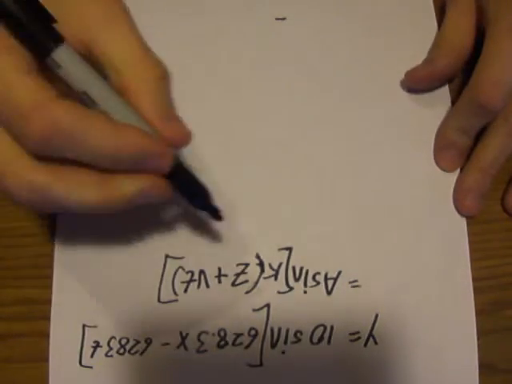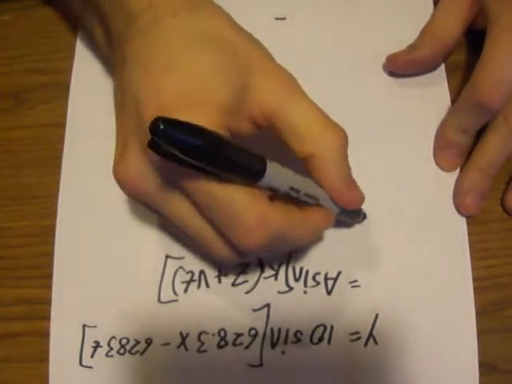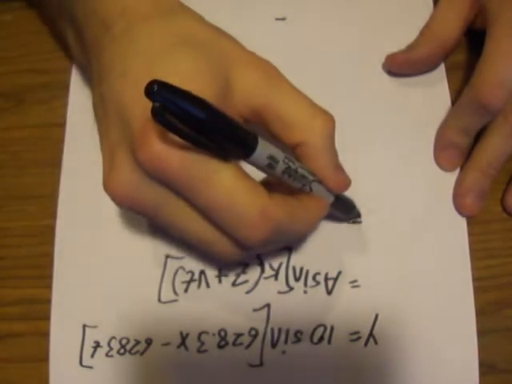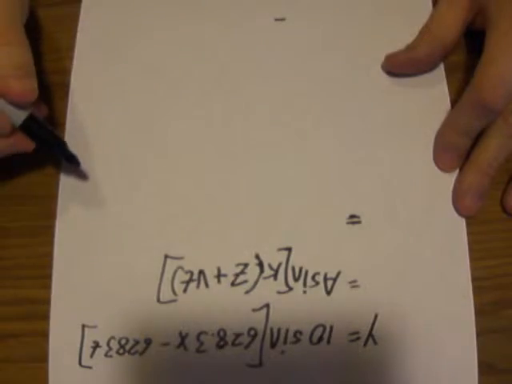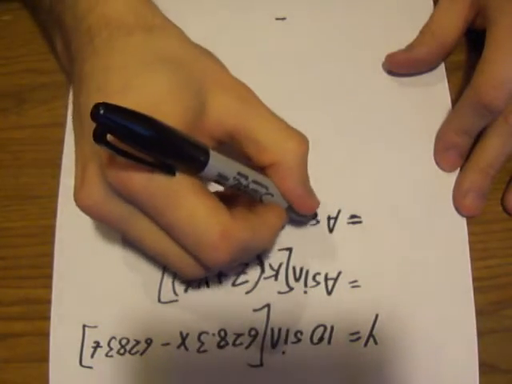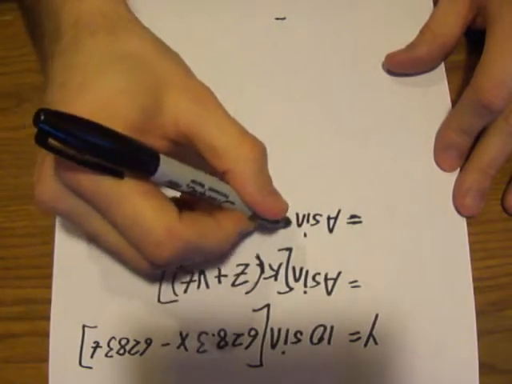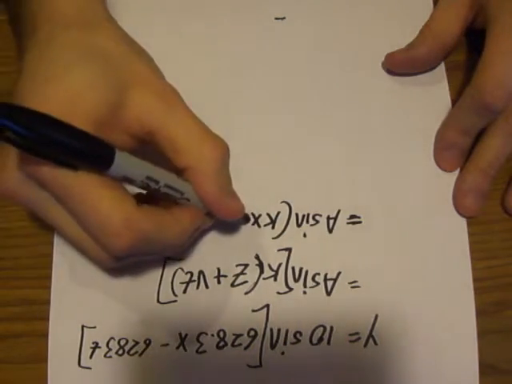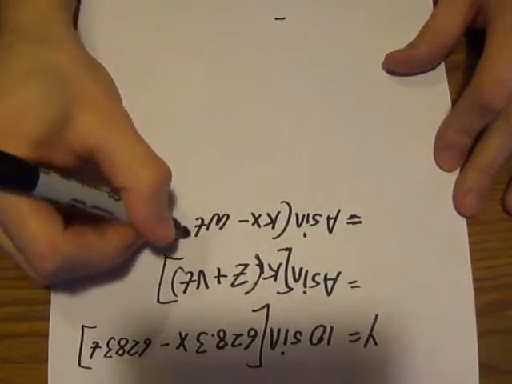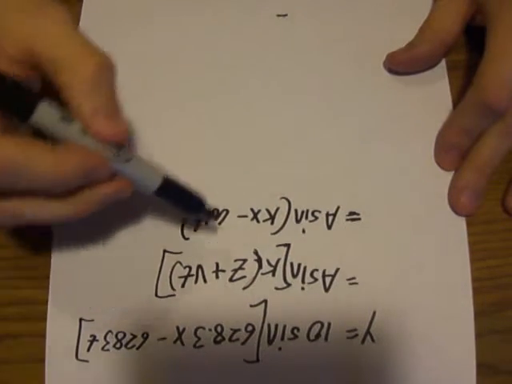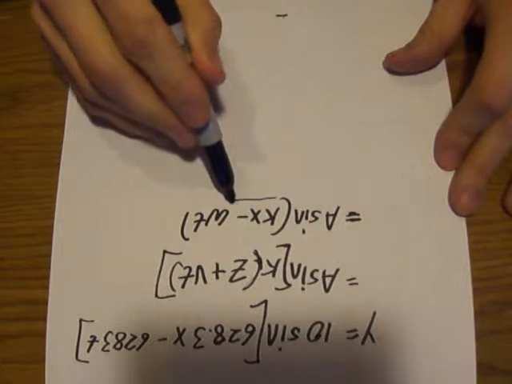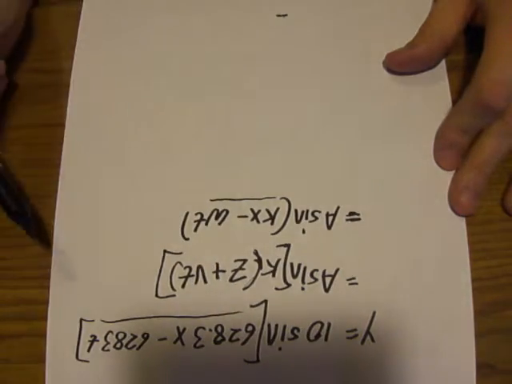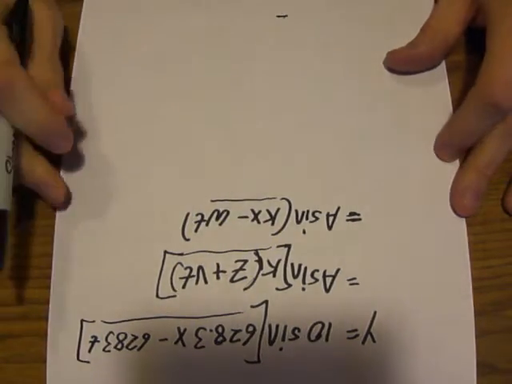There's an equivalent form that I'm not sure if the book actually gives, but you'll see that they're equal as we work this problem out. We can use a sine of kx minus wt, and you can see that this inner part matches much nicer.